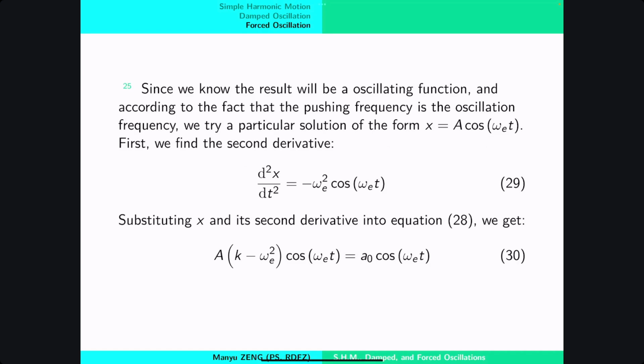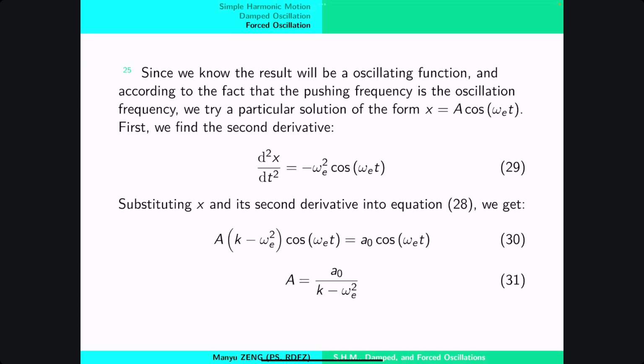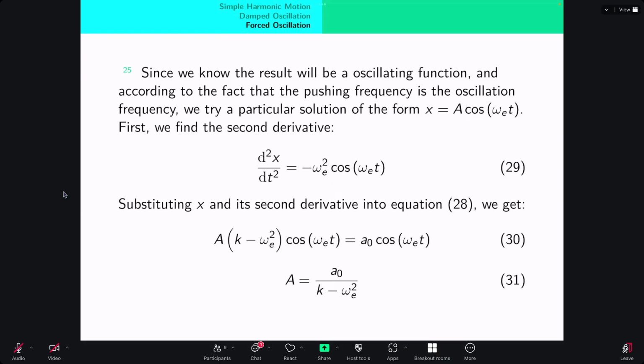So we want to solve for a, right? Because a is unknown, and the other terms we know. We cancel cosine on both sides, and we get a equal to a0 divided by k minus omega e squared. Here we must notice that it is somewhat dangerous to have two things minus each other in the denominator, because there is a possibility that the denominator goes to zero.